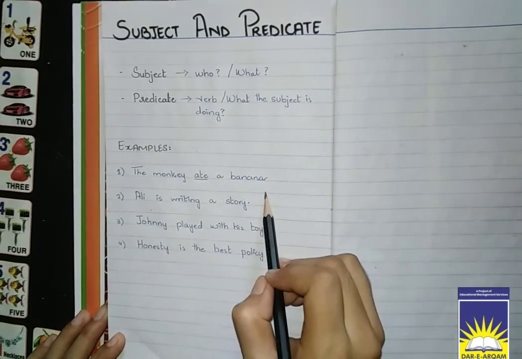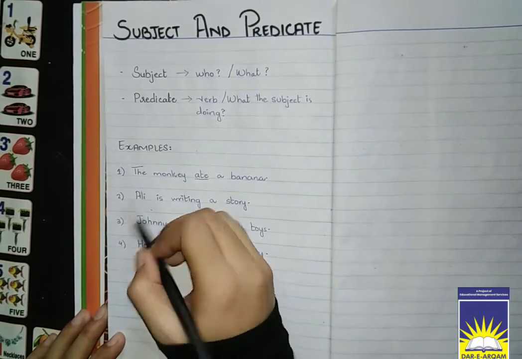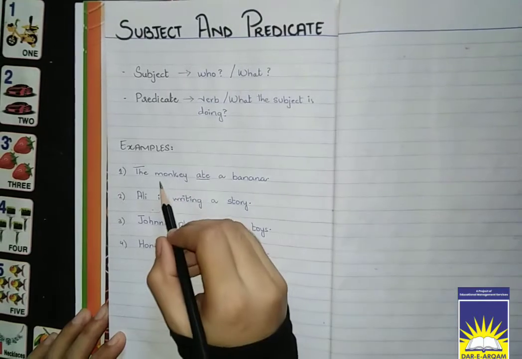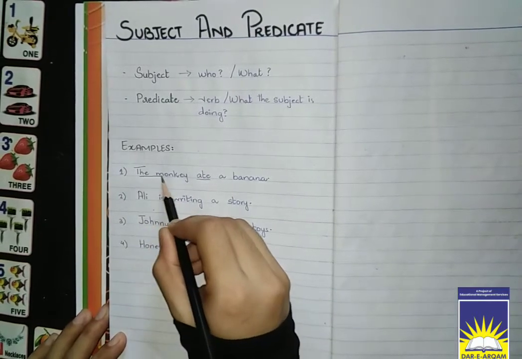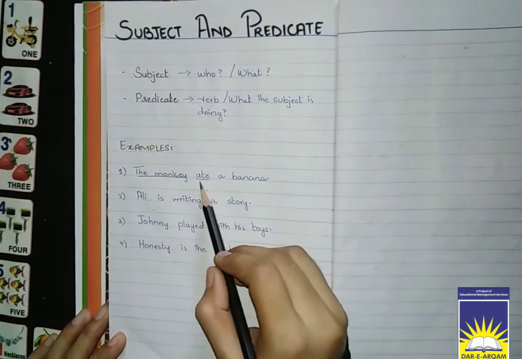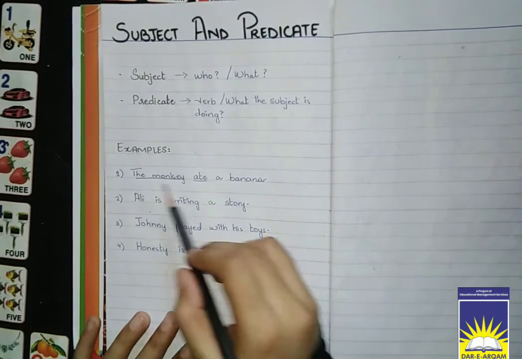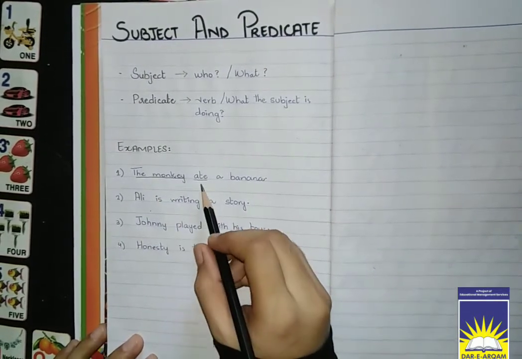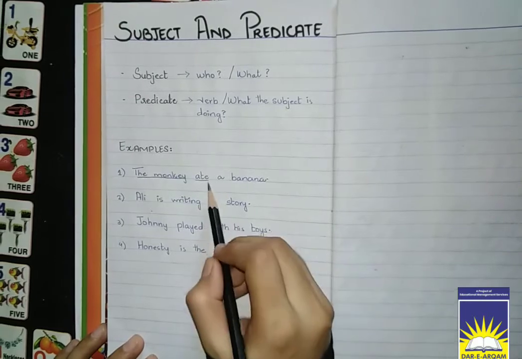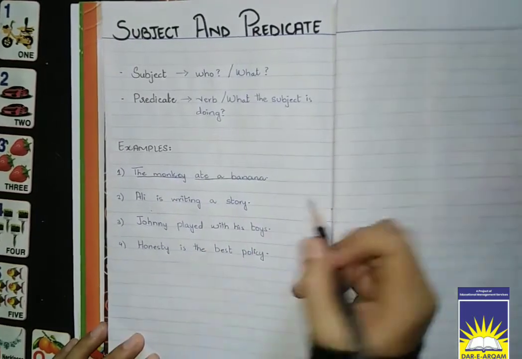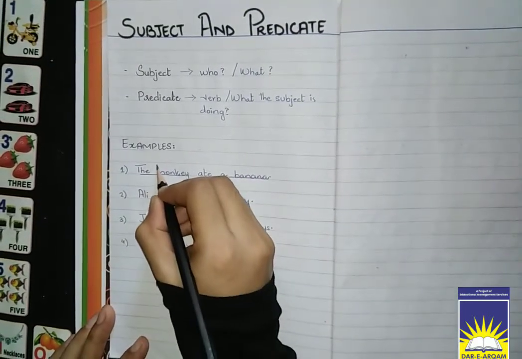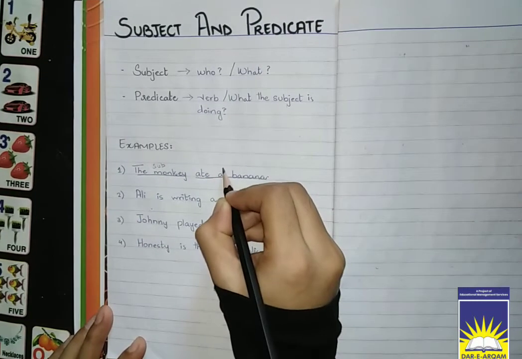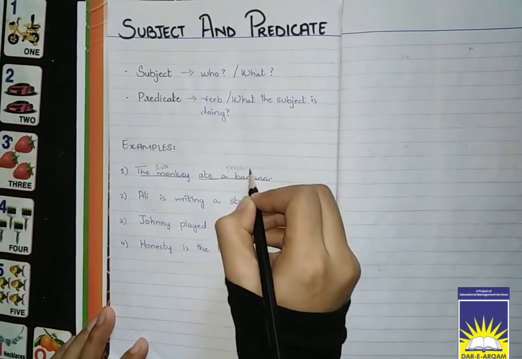In this sentence, what is the subject? Yes, the monkey. The rest of the sentence says what the monkey is doing: ate a banana. So this is our subject and this is the predicate.